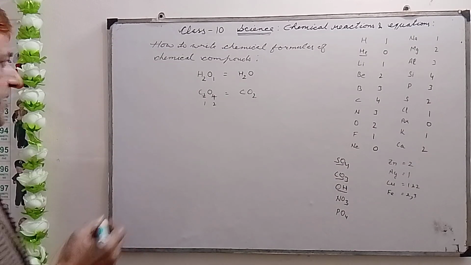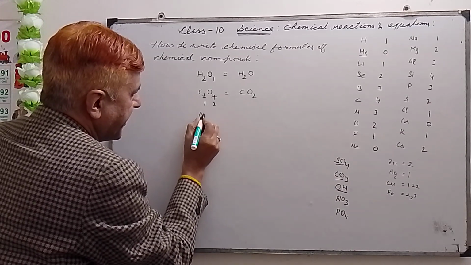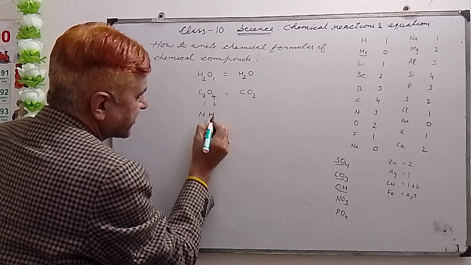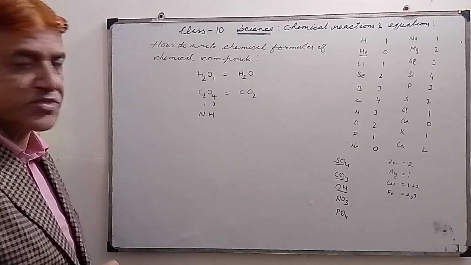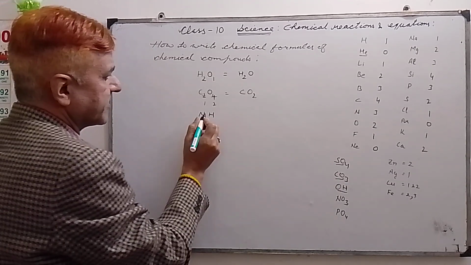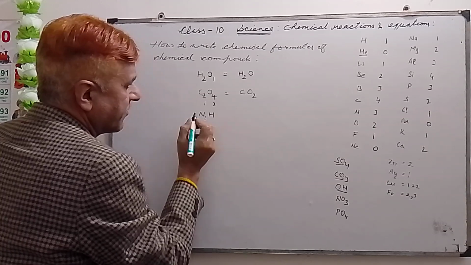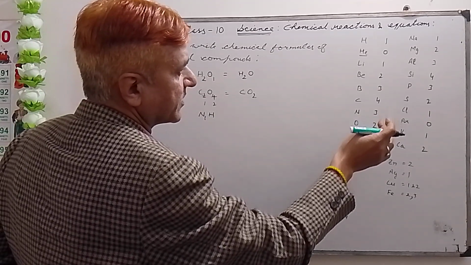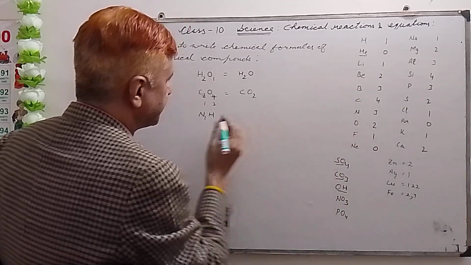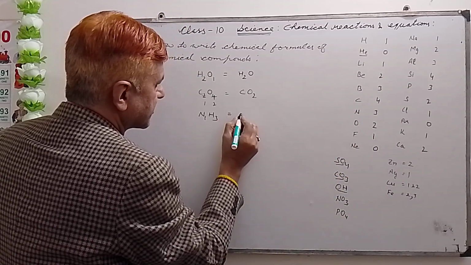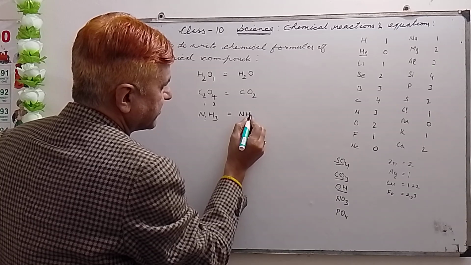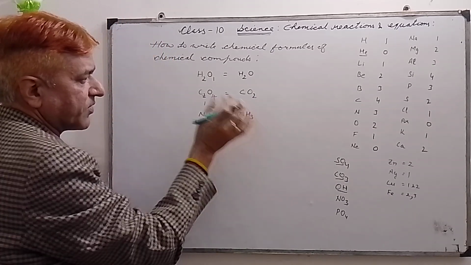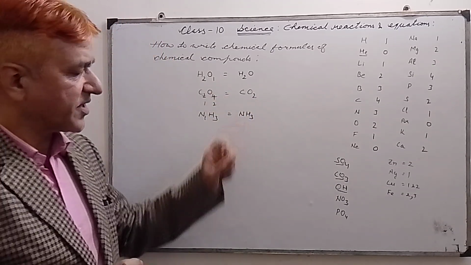Then let's take ammonia, which is made up of nitrogen and hydrogen atoms. What is the valency of hydrogen? 1. What is the valency of nitrogen? You can see here, 3. So this is equal to NH3. This is the chemical formula for ammonia.